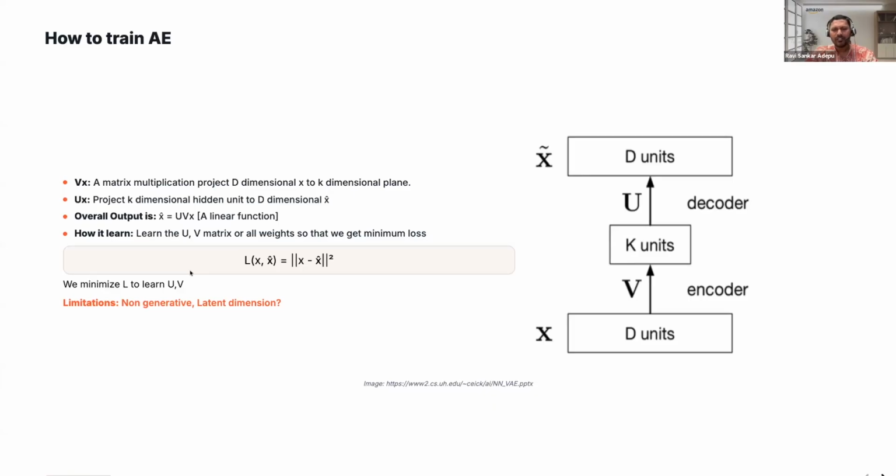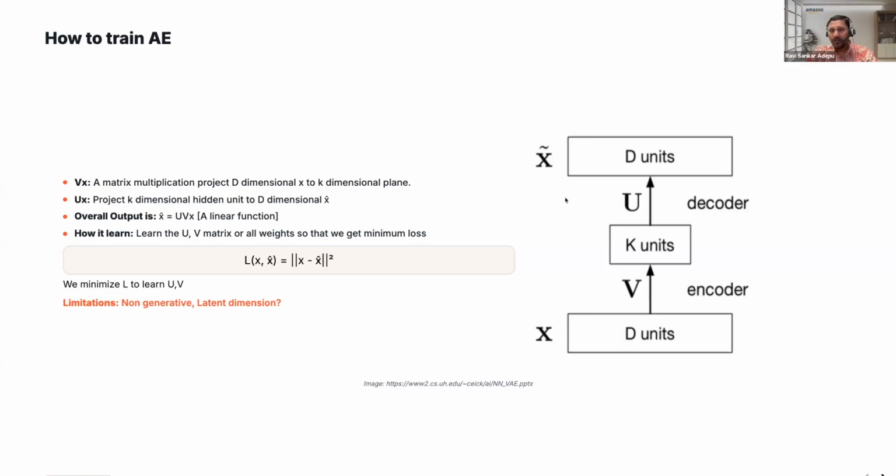Now, two limitations to flag, because they set up the rest of the talk. First, this model is non-generative. It can compress to some very small dimension and rebuild existing data. But if you feed it a random code, let's say you randomly sample some k-dimensional vector and try to reconstruct, you won't get any meaningful new sample.